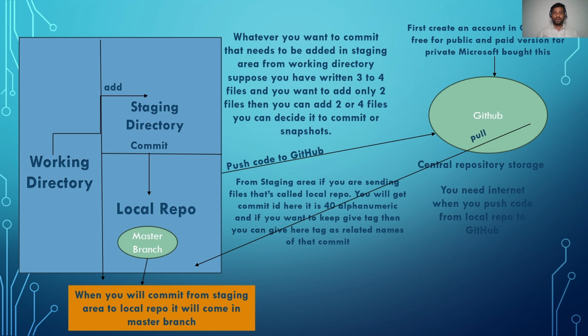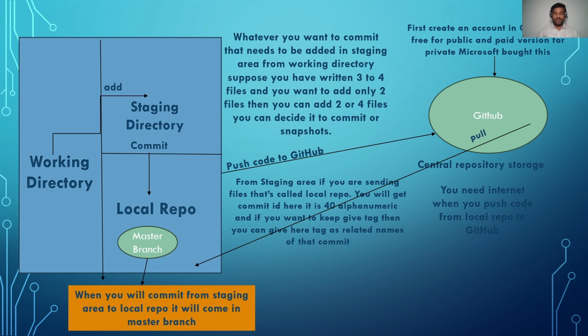This depends on you, because as per the project you can take the files that are most required and commit only those into the local repo. Then what about pushing code to GitHub? What about pulling code to the local depot? We'll see in the next screen.